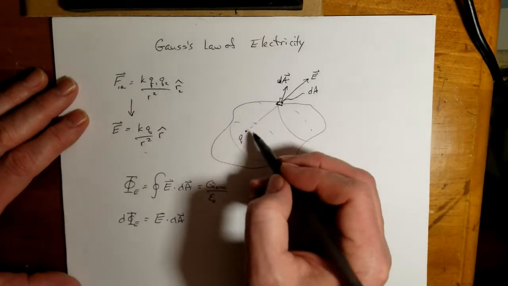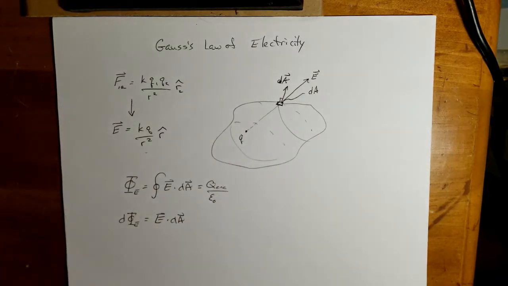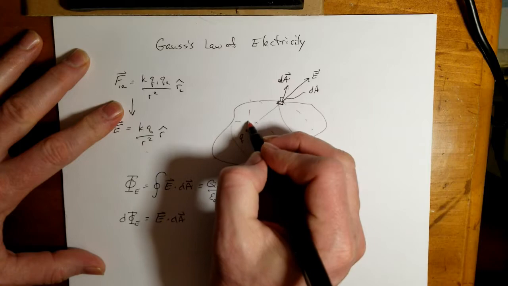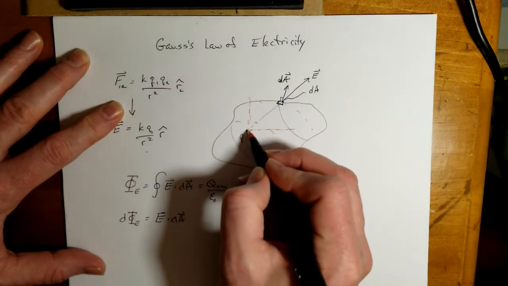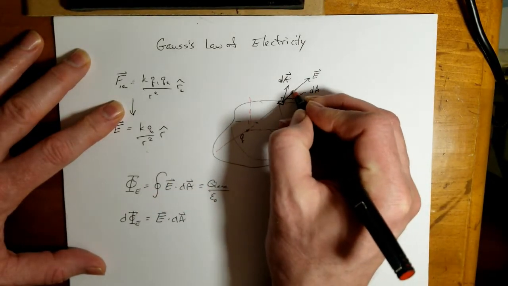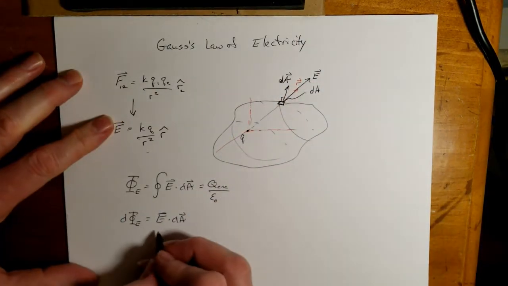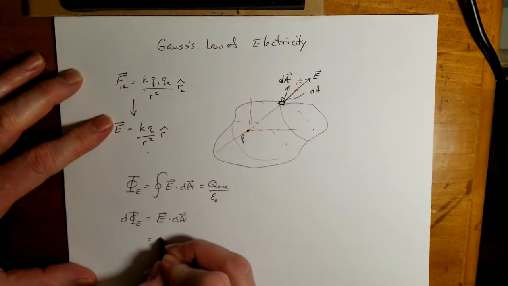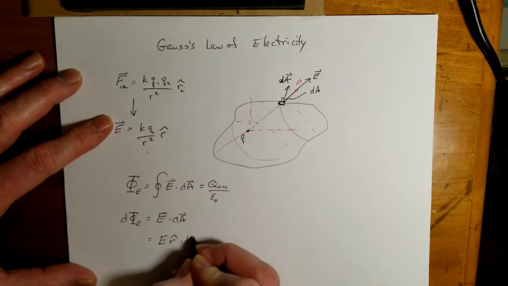Now the electric field is going away from the charge, so without any loss here, since I can make my coordinate system whatever I want for convenience, I'm going to make that my origin right there, and therefore this is the same direction as a radial vector, and so this becomes the electric field times r hat dot dA.